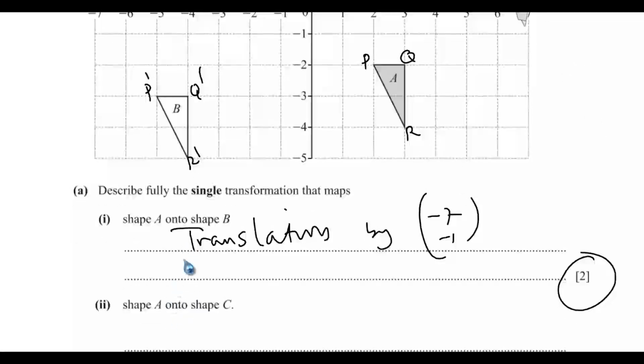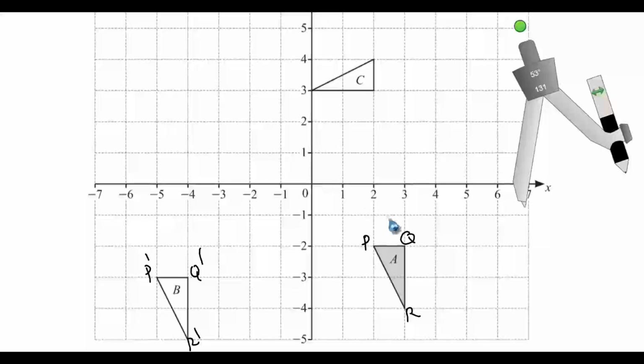Part 2: Describe fully the single transformation that maps shape A onto shape C. Shape A is this, and this is shape C. If you look at it very well, this side of shape A is the same as this.